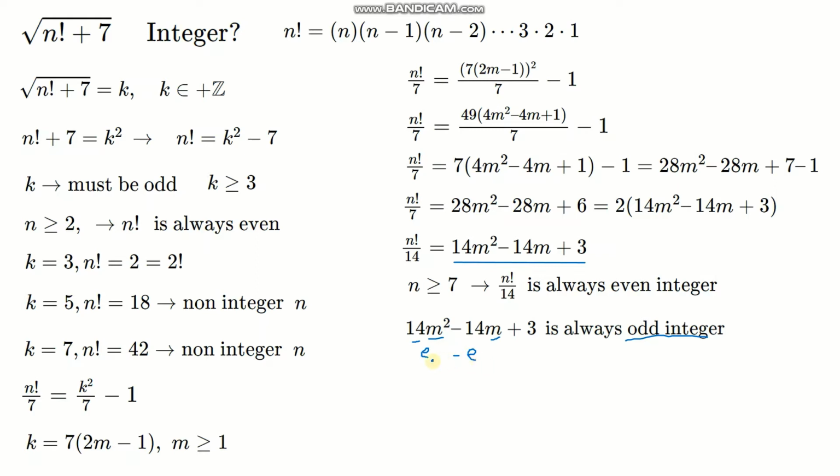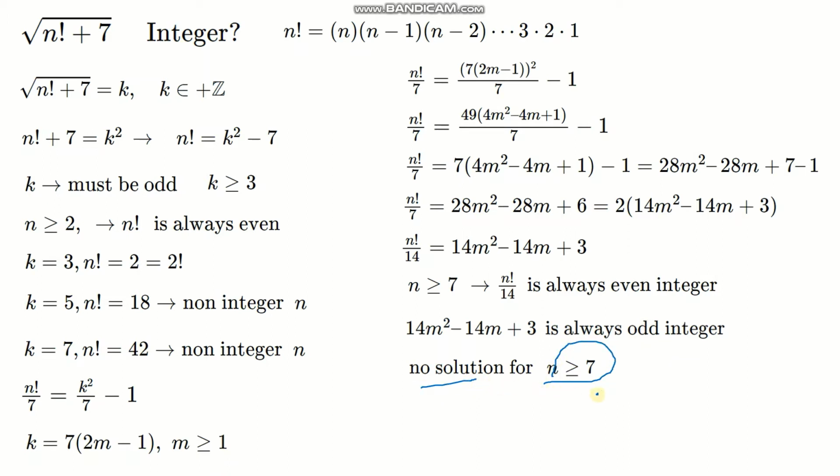So even plus even is still even. Now we have plus 3. So the right hand side is always odd for any value of m. Hence, we have no solution for n greater than or equal to 7.